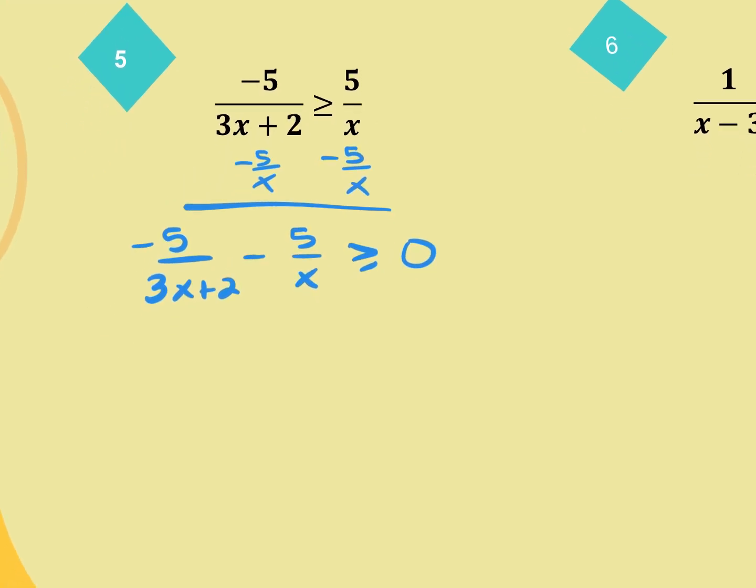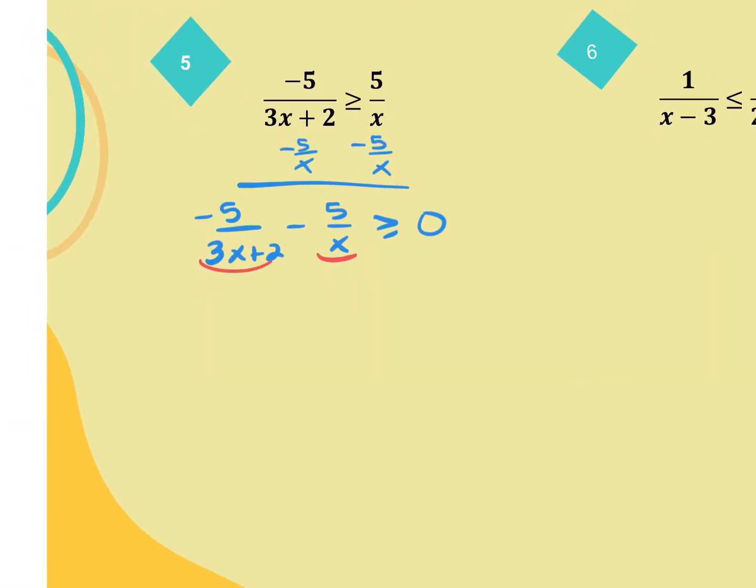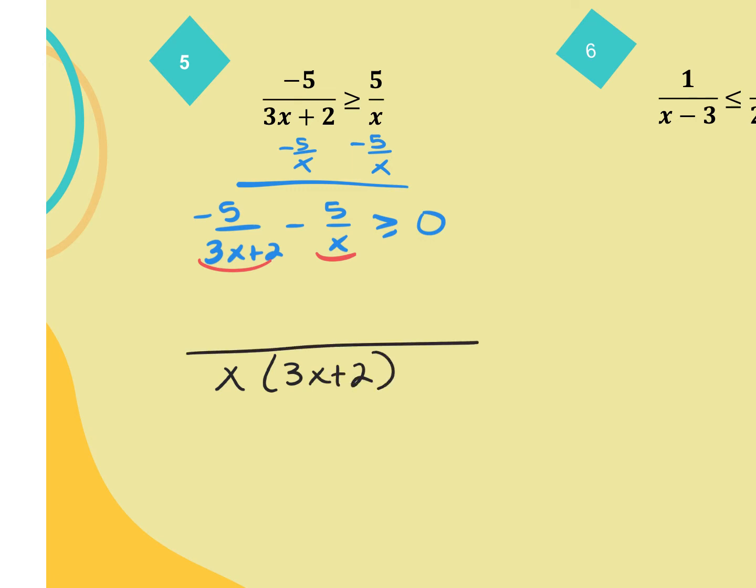I need to find a common denominator. This time, my other fraction isn't just a 1. I've actually got 2 pieces here. So my common denominator is going to be both of them. So my new denominator is going to be x times 3x plus 2. So the first fraction is missing the x.